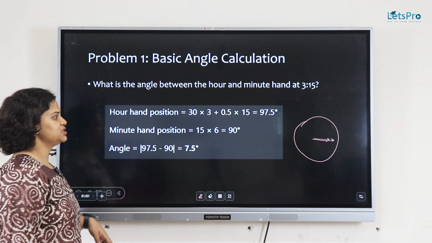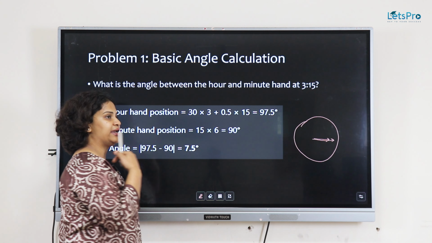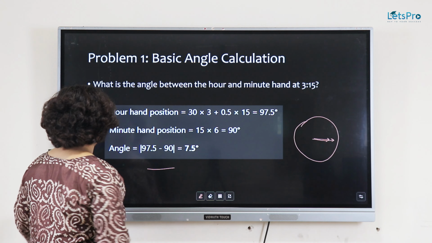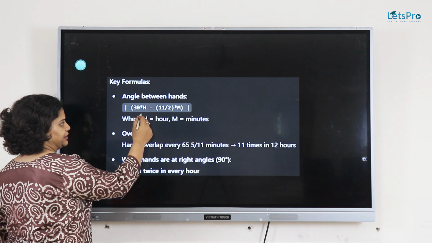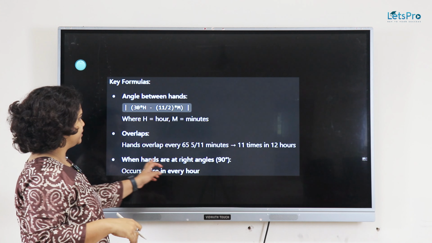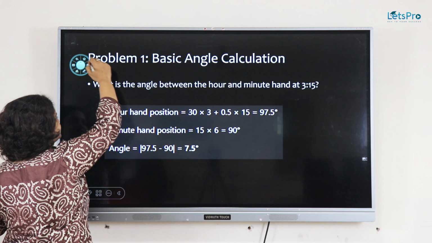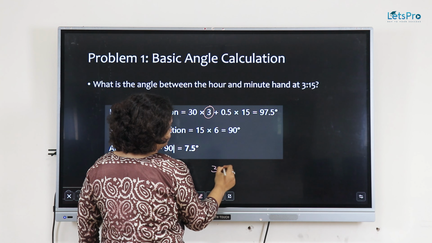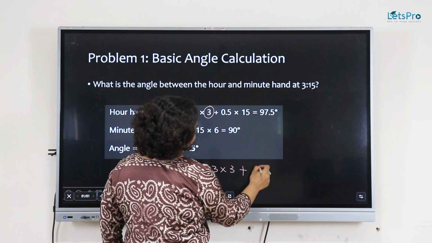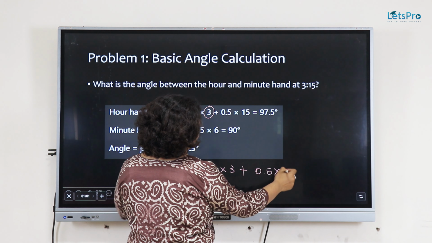So what is our hand position? Like I told you, we use 30 into hour minus 11 by 2 into minute, so we will apply the same logic here. 30 into hour, which is 3 here, so 30 into 3 plus 0.5 into 15.